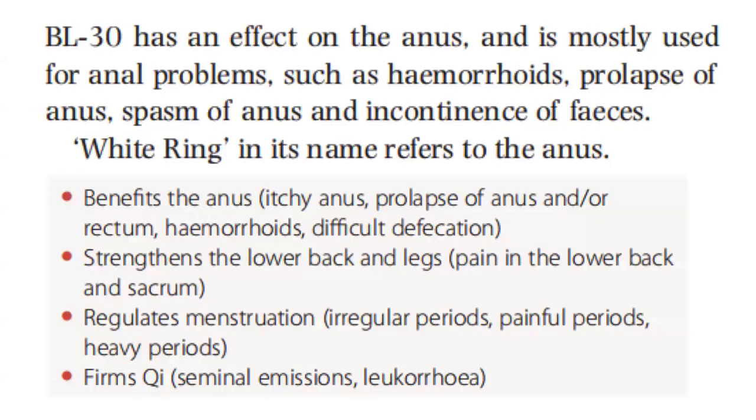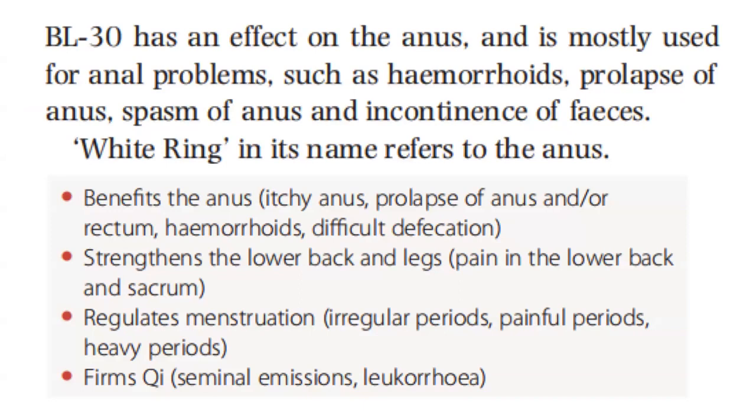Bladder 30 has an effect on the anus and is mostly used for anal problems such as hemorrhoids, prolapse of anus, spasm of anus, and incontinence of feces. White Ring, in its name, refers to the anus.